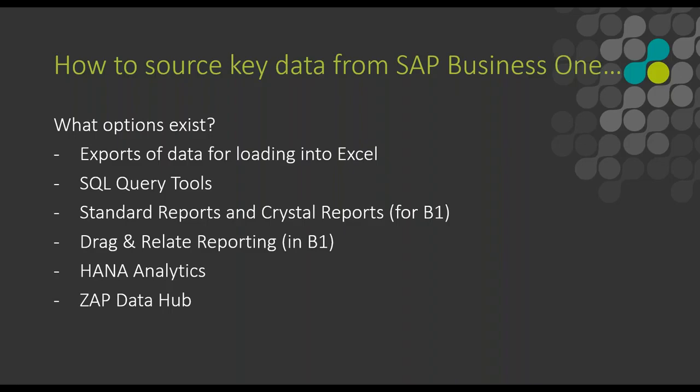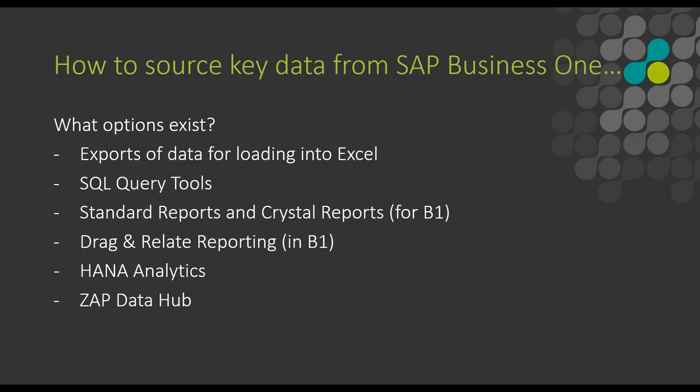Others are leveraging out of the box reports, or possibly have worked with their implementation partner or consultants who are working with Crystal Reports directly to deliver some reporting on top of B1. There's other tools that have been introduced, and I should actually have updated the bullet on this slide.